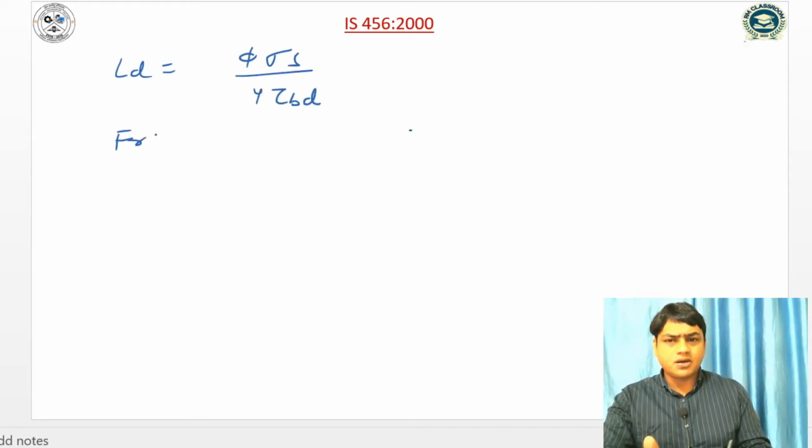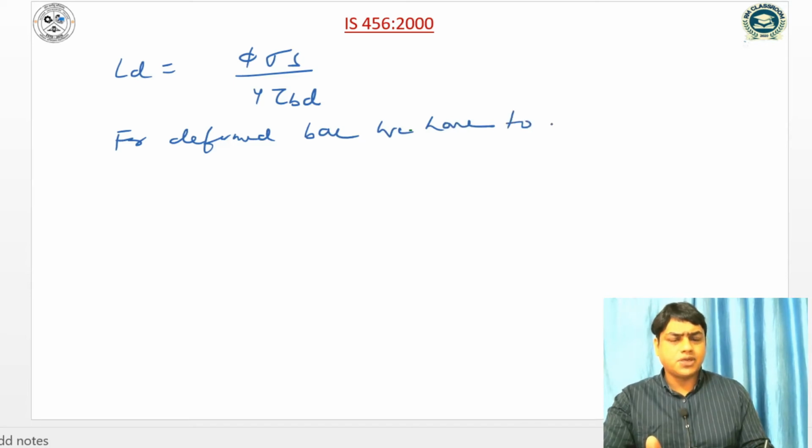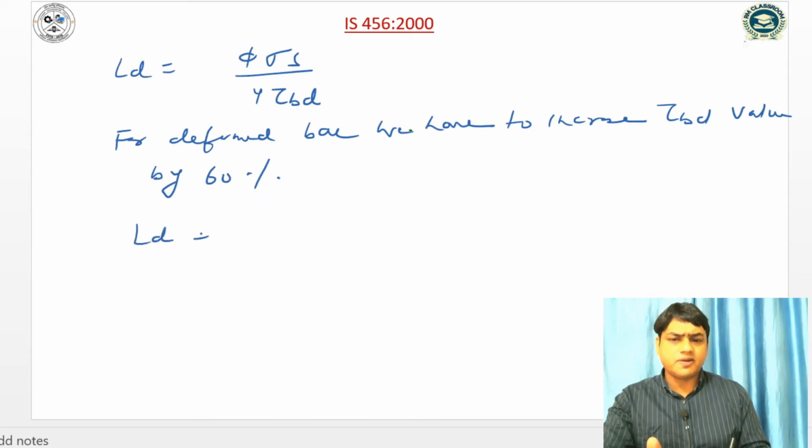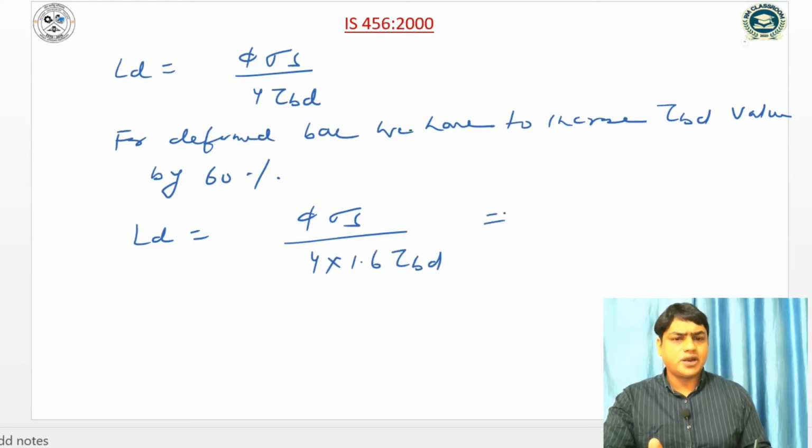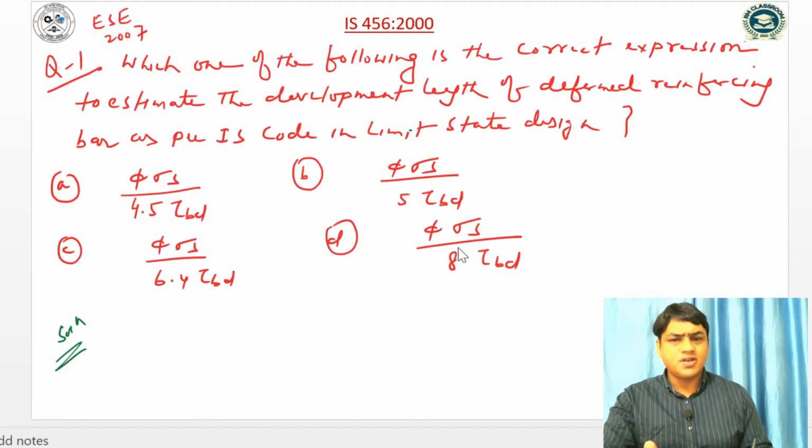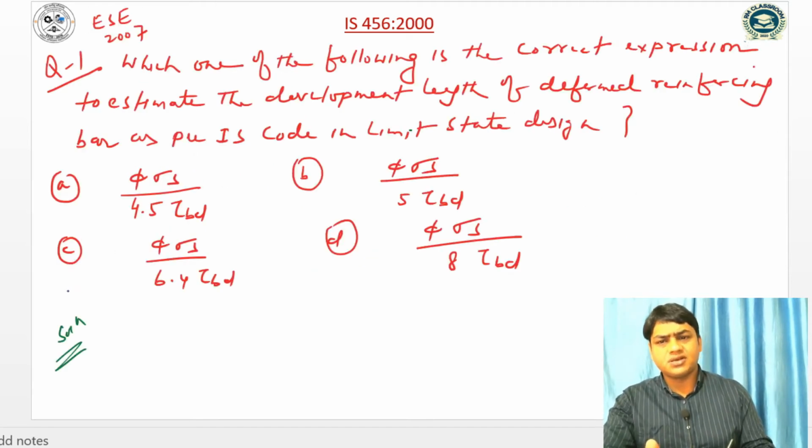But for deformed bar, we have to increase the tau bd value by 60%. So the expression of development length is phi into sigma s divided by 4 into 1.6 into tau bd. So we can write phi sigma s divided by 6.4 into tau bd. So this is the expression of development length. So option C is correct.